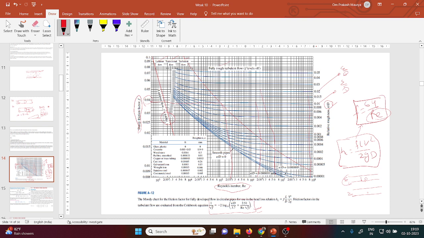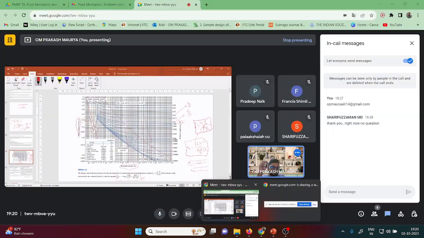In transitional flow it depends on both. In turbulent flow, it still depends on both. But in fully rough turbulent flow, it does not depend on the Reynolds number. So I think you got some very basic concepts about the Moody diagram.